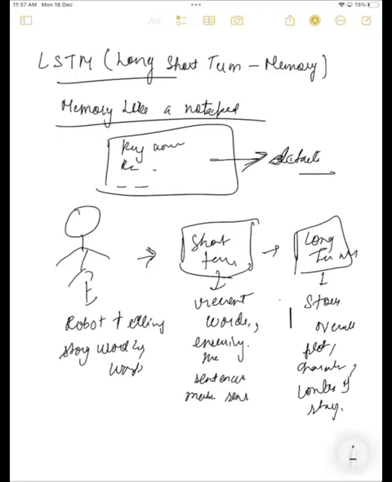Here LSTM is trying to decide what information to keep and what to discard. It is like having a filter to sift through the details and only remember what matters.